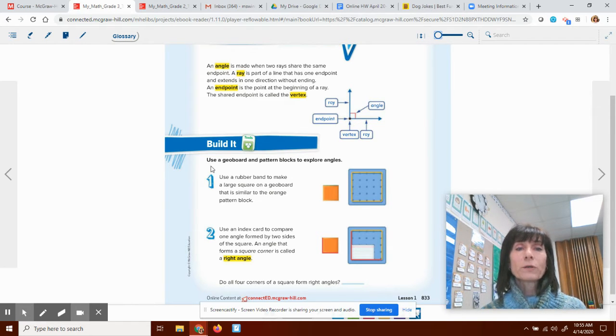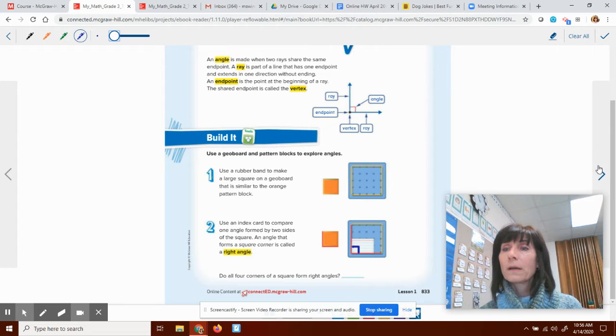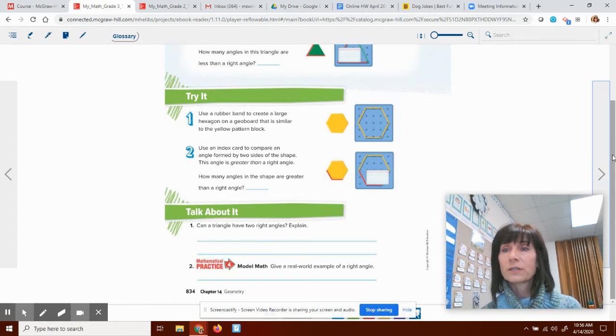If we were to build this using a geoboard to explore angles, simply know a right angle. If I put my rubber bands along all four sides, this would be my right angle. It would be what's formed in the corner. I'm going to let you turn the page to the next side.